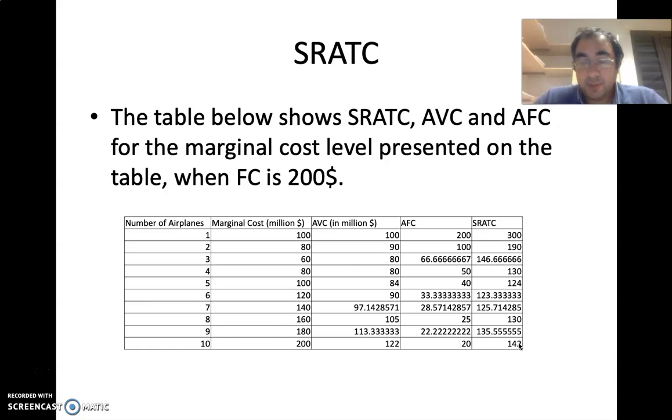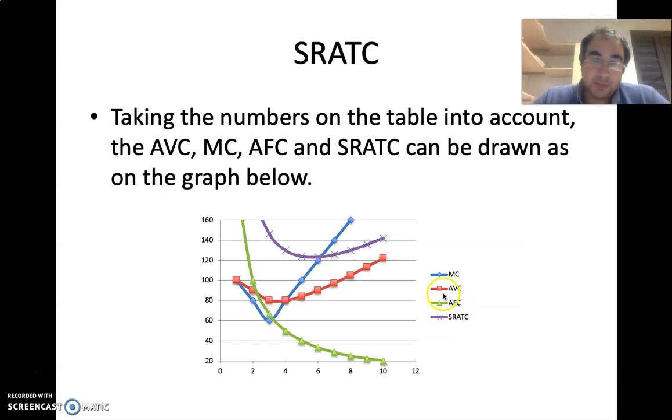Well, this means basically the short-run average total cost is minimum at the point where it intersects with the marginal cost and when marginal cost has a positive slope. So the production level at which the short-run average total cost is minimum is more than the quantity which makes the average variable cost minimum.